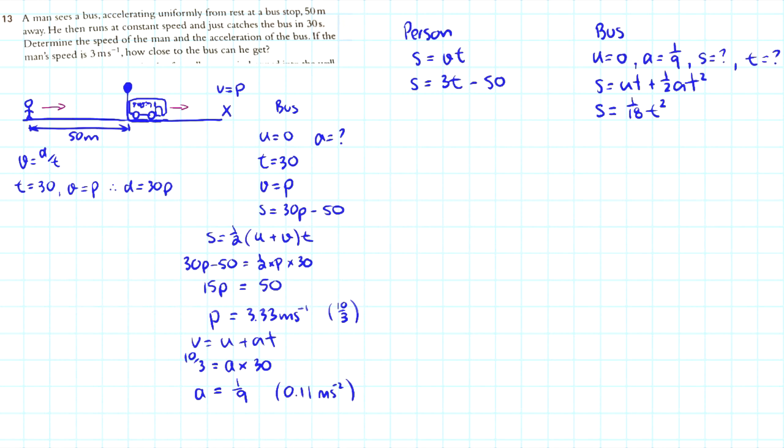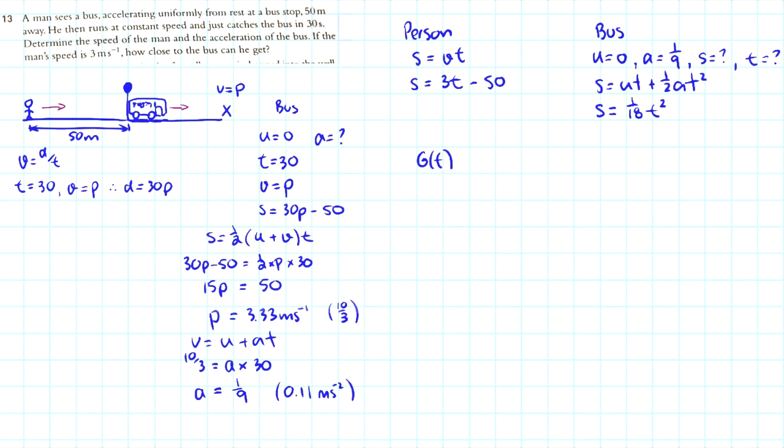What we're really interested in is the gap, which is the distance between the bus and the person, and we want to find the minimum distance. So we can do this by making a gap function. Let's call it g(t), g for gap, a function of t.